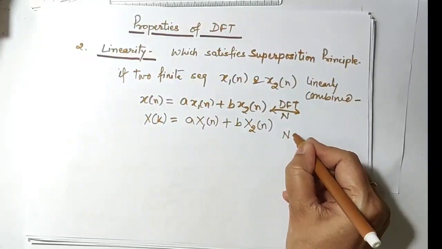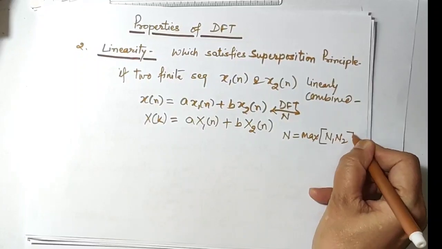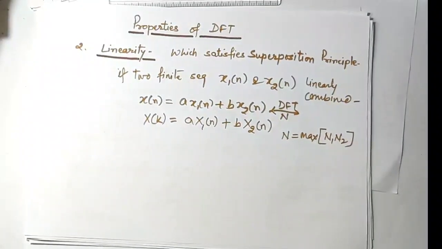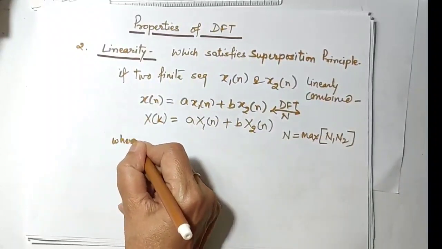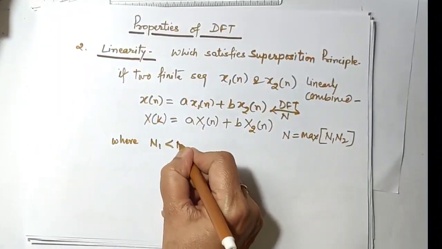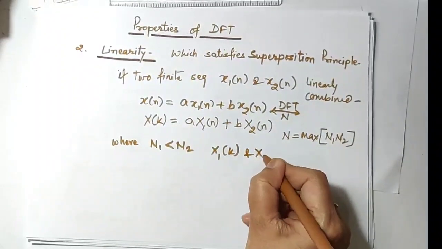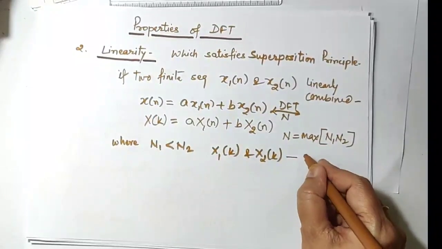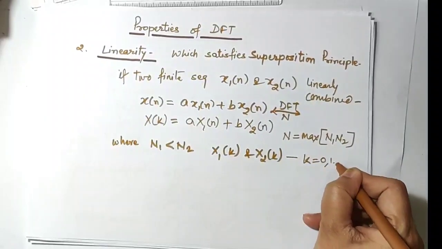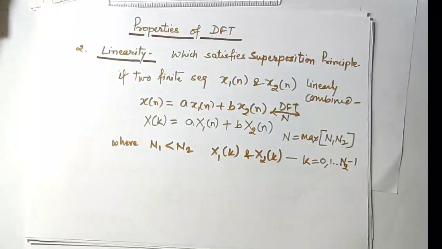For the value of N, which is the max limit of samples N1, N2, where N1 is less than N2, then X1(k) and X2(k) will have the limit of k equal to 0, 1 to N2 minus 1.